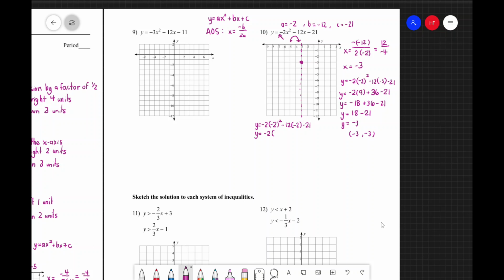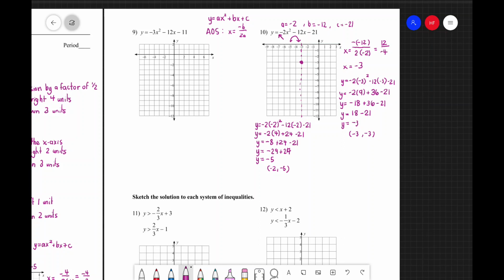Two negatives make a positive, so we have a 4 in here. And then plus 24 minus 21. Y equals negative 8 plus 24 minus 21. Y equals negative 29 plus 24. Oops. And y equals negative 5. So we would have a point, negative 2, negative 5.